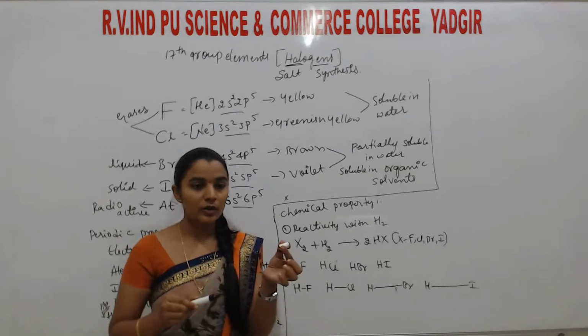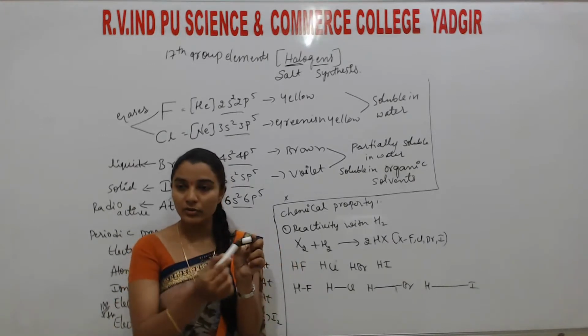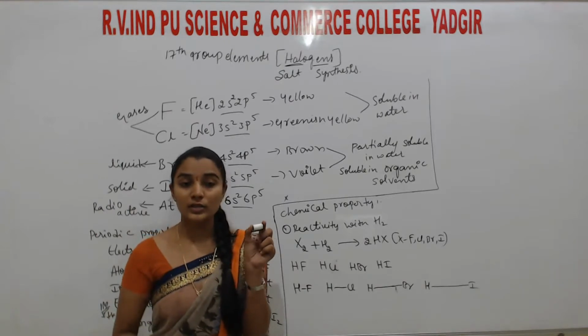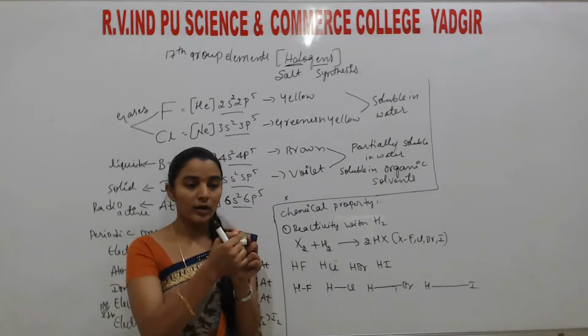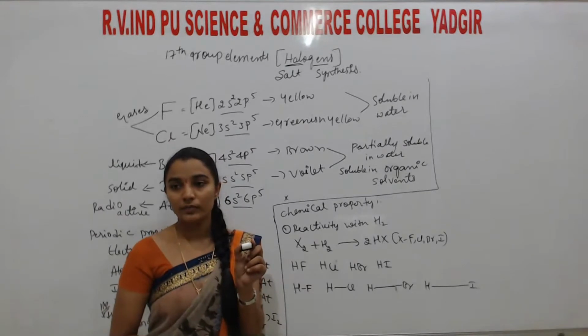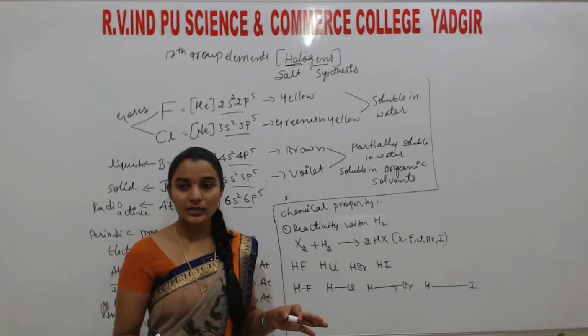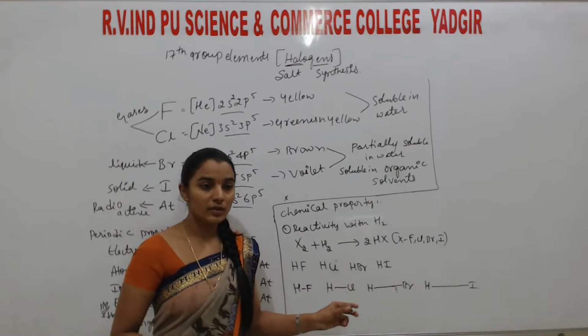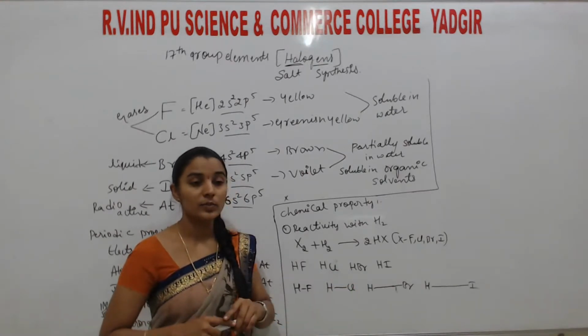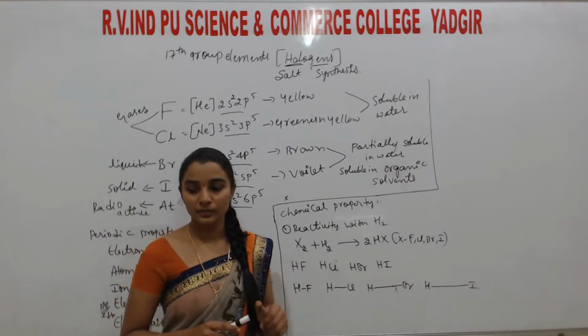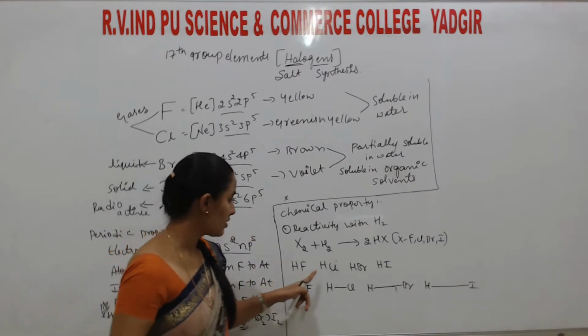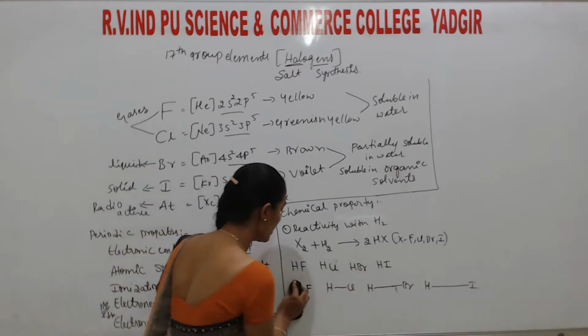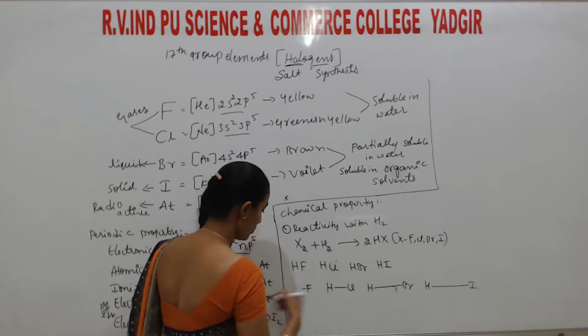If the HF bond is only this much, they are very close to each other, then the force of attraction is more, and we require more energy to break the bond. If the bond cannot be broken easily, then it won't form H plus ions. The one which doesn't give H plus ion is a weak acid. So among HF, HCl, HBr and HI, which one is the strong acid?